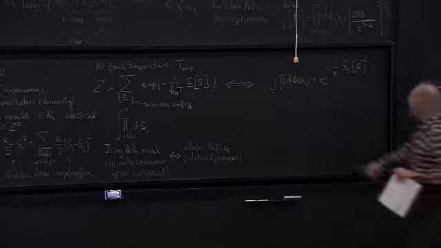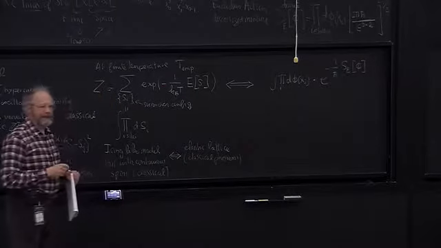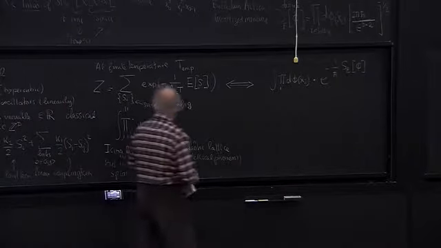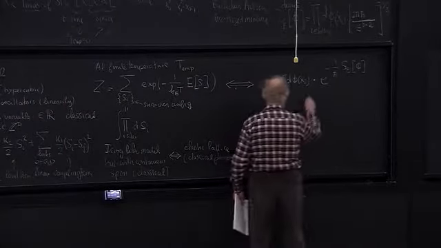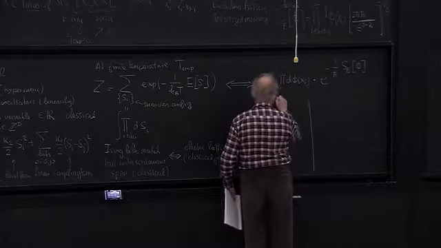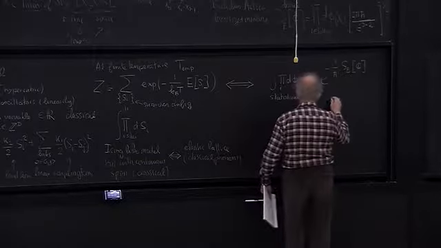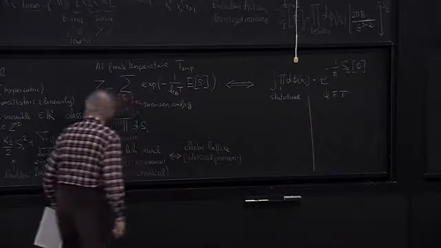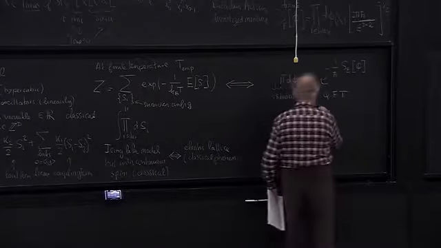Simply because you can make a dictionary between this integral and this integral. The dictionary is between the model on the left, which is the model of statistical mechanics, and the model of quantum field theory at Euclidean space-time.